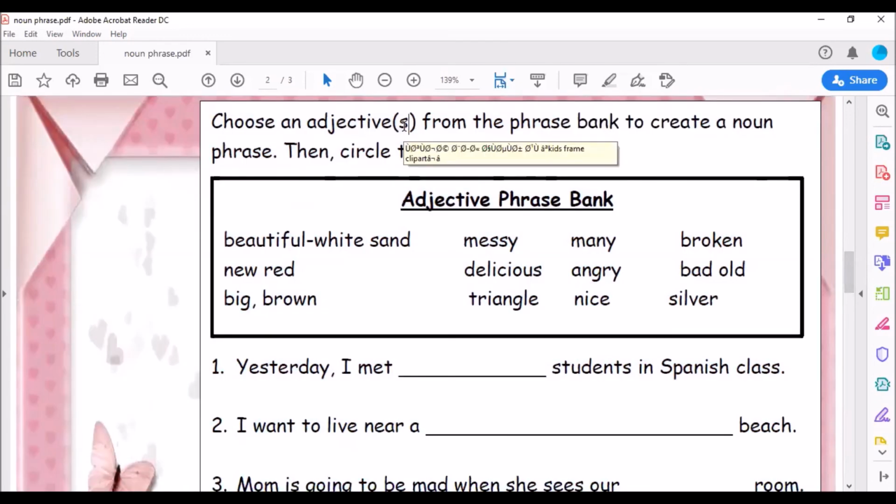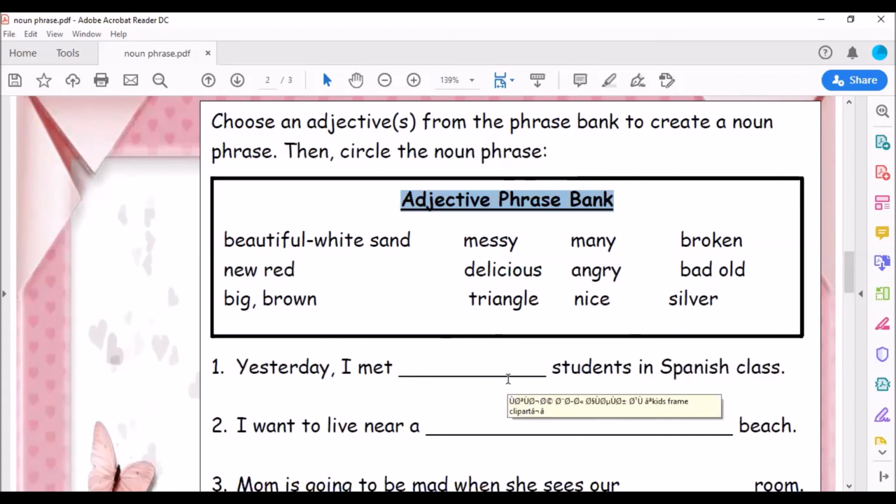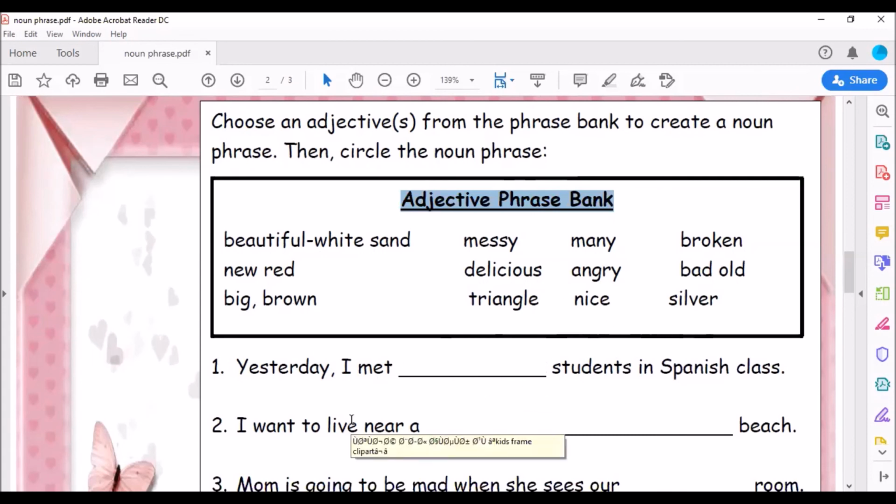Okay, so I have to do two things. First, I need to look here at the adjective phrase bank, and then I will choose the suitable adjectives in these sentences. And in these sentences, I'm gonna circle the noun phrase with the adjective, of course.